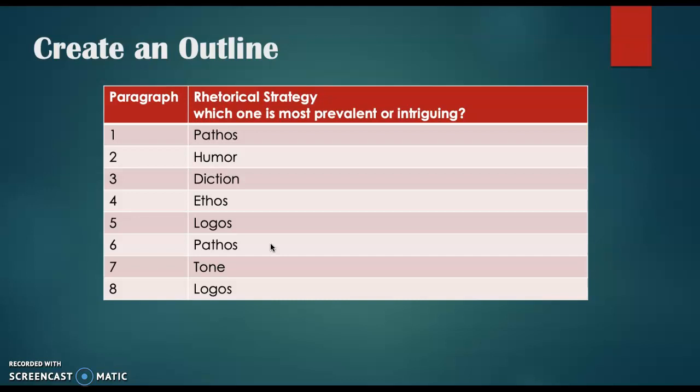So you might say, like, paragraph 6 through 8 focuses on pathos. So you got number 1, pathos; 2, humor; 3, diction; 4, ethos; 5, logos; 6, pathos; 7, tone; and 8, logos. So my paper would be an intro, 8 paragraphs, and then a conclusion.